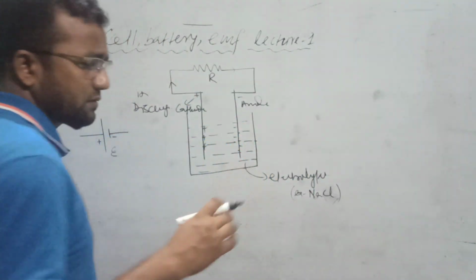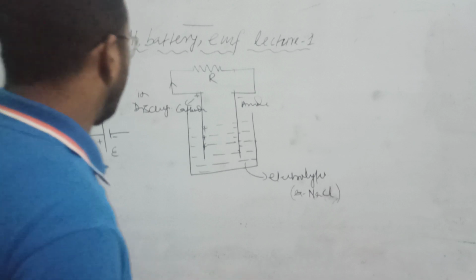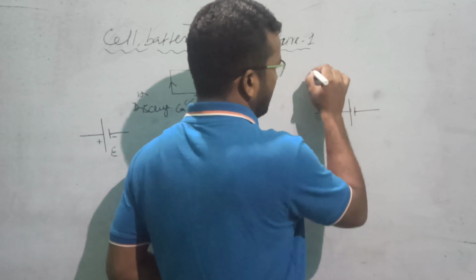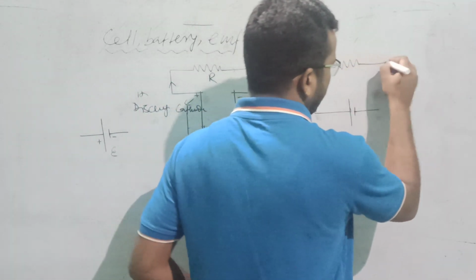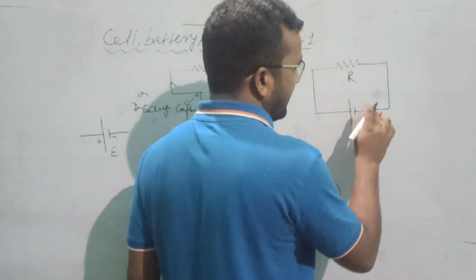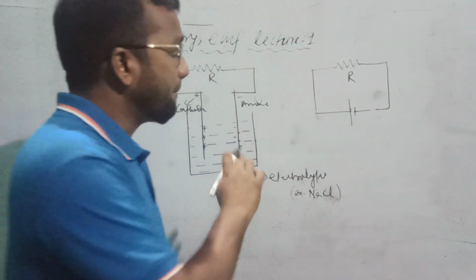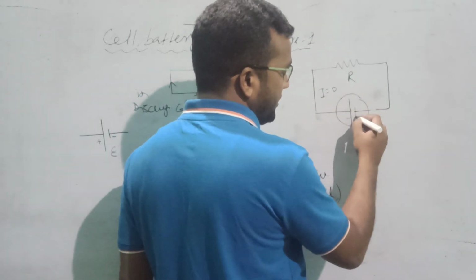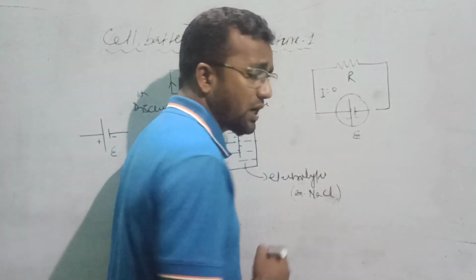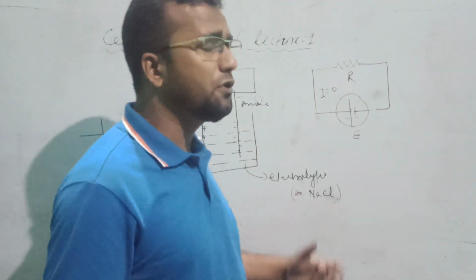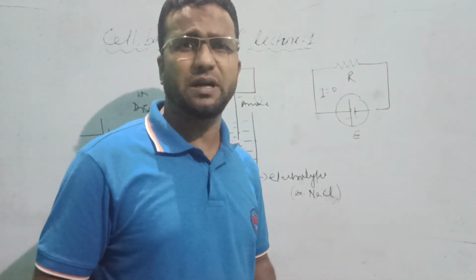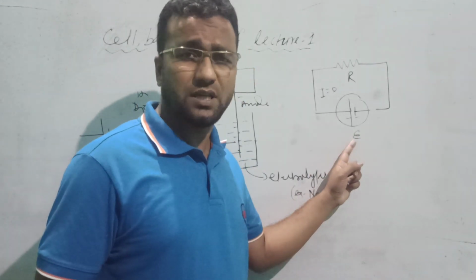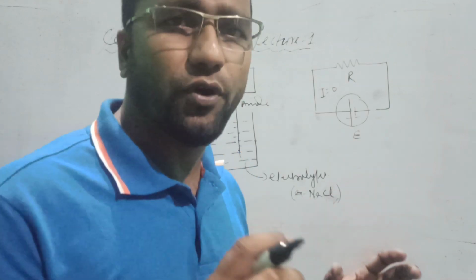Suppose it is connected to an external circuit of resistance R, and this circuit is open, meaning no current is drawn from the cell, then the potential difference between these two electrodes is known as EMF. Its full name is electromotive force, but it is not a force but a potential, and the SI unit of EMF is volt.